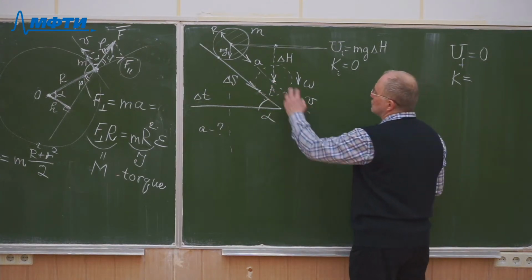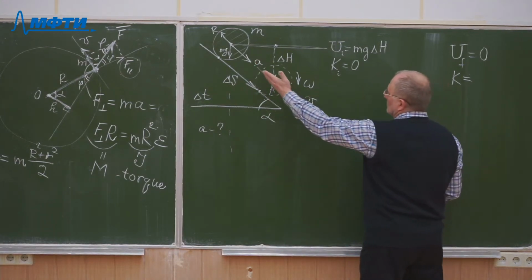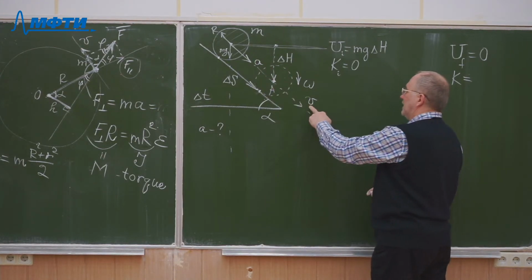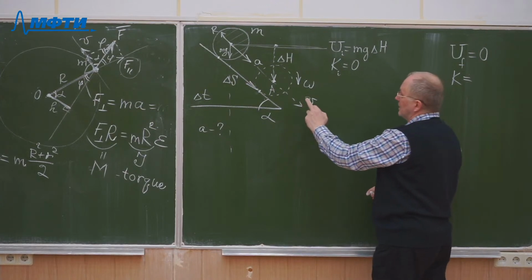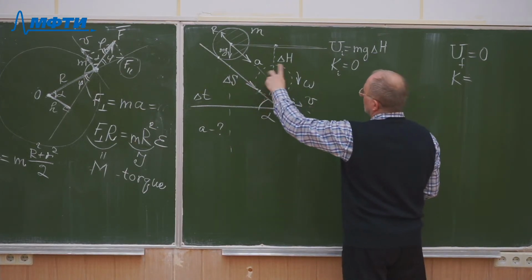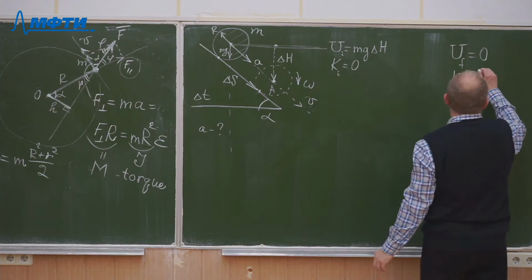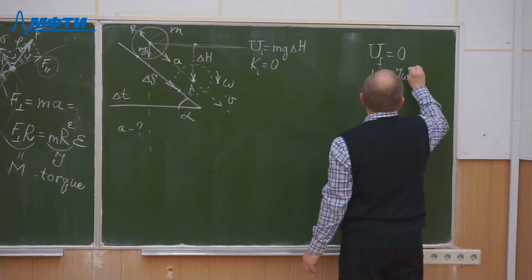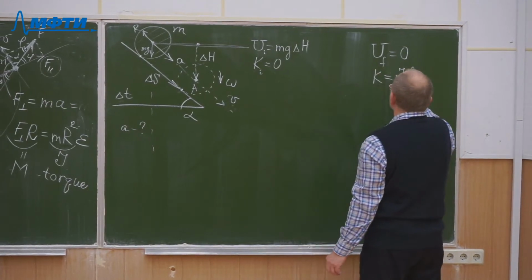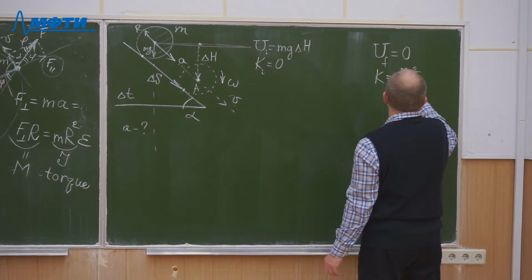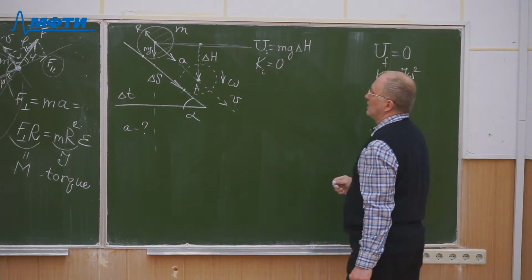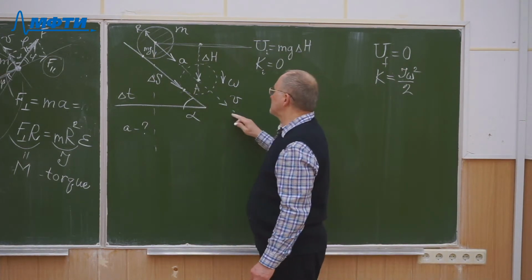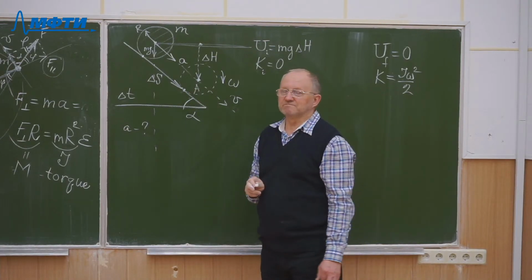In the reference frame moving along this line with velocity v, this will be an inertial reference frame. And in this inertial reference frame, the only motion will be rotational motion, and the only kinetic energy will be the moment of inertia I, omega squared over 2, in this particular reference frame, which moves with the velocity of the center of mass.